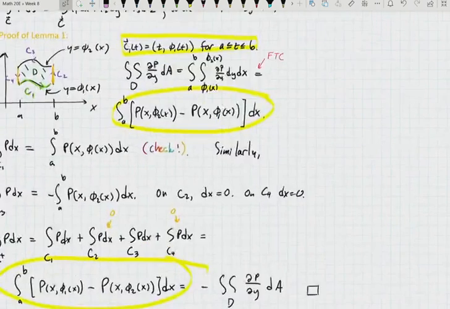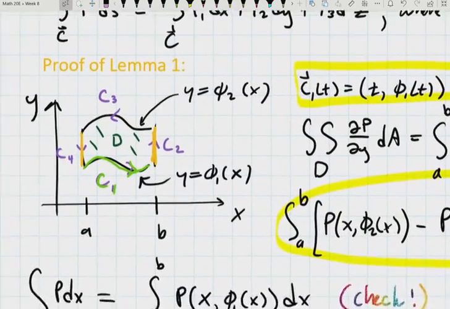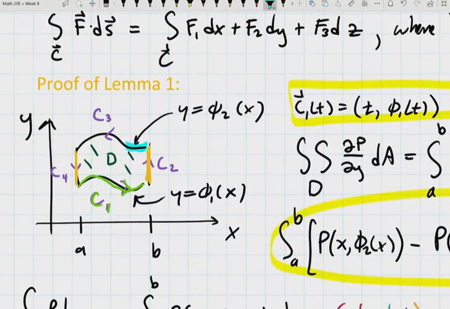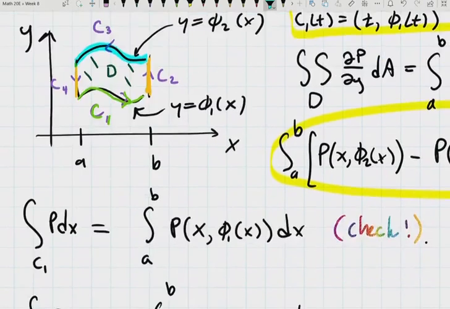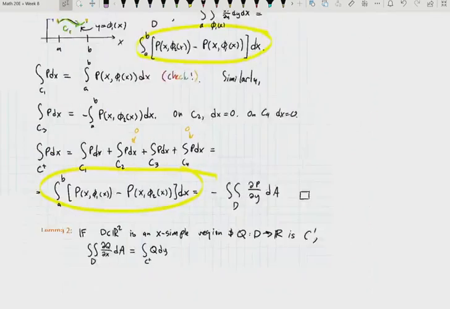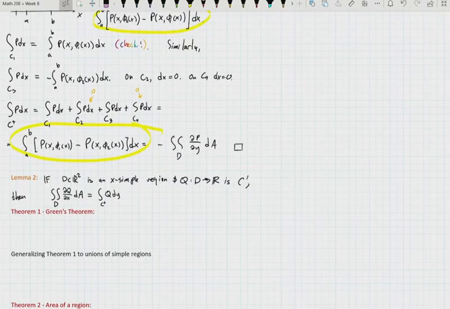In a y-simple region, as you move along the top, you're actually moving right to left. But in an x-simple region, when you're on the right, you move up, and when you're on the left, you move down. So it just has to do with the relative orientation of x and y.